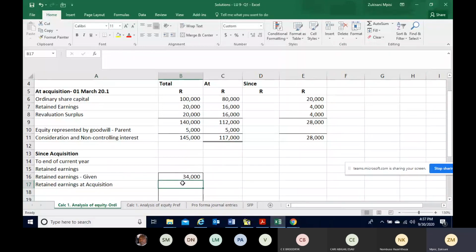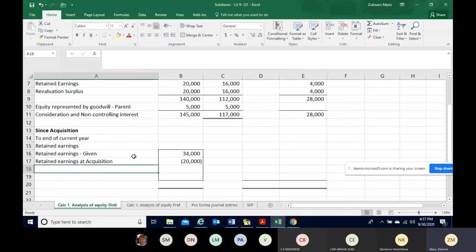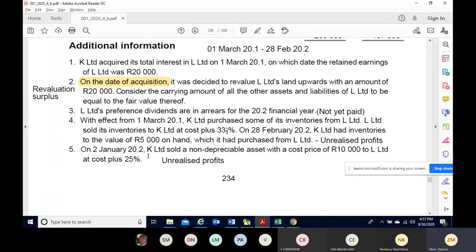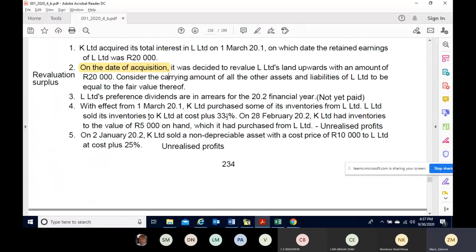So it's minus 20,000, because you must net them off since this is accumulated retained earnings. So let's quickly go look for the intra-group transactions. One is going to be the loans that will cancel each other. The second one will be, where did I highlight it?